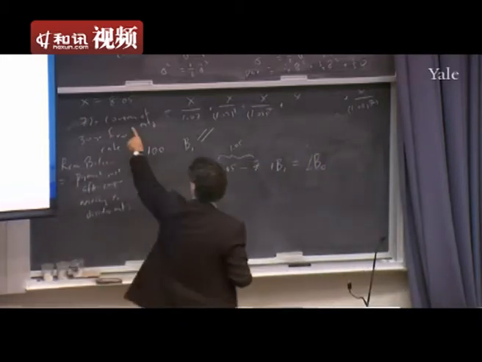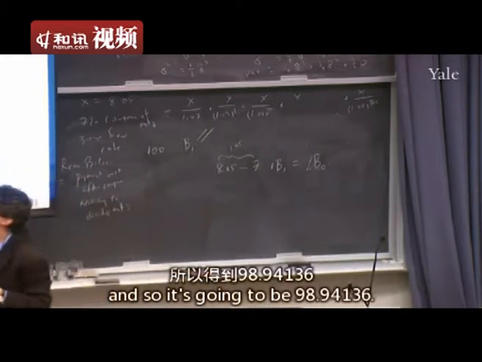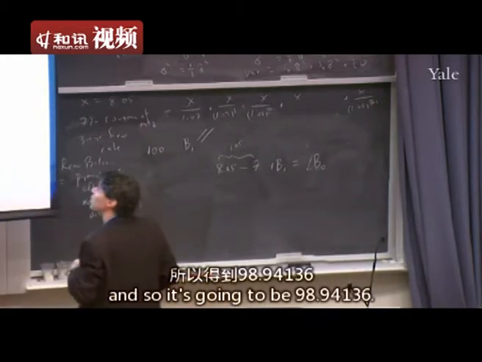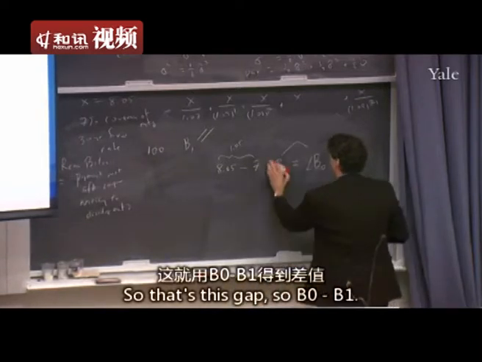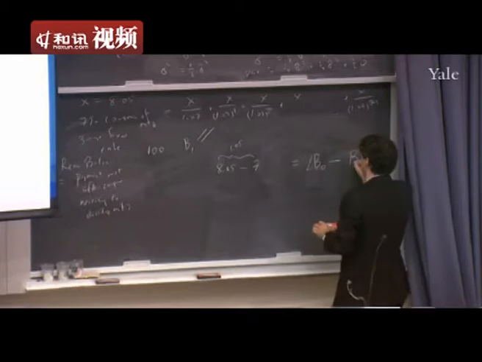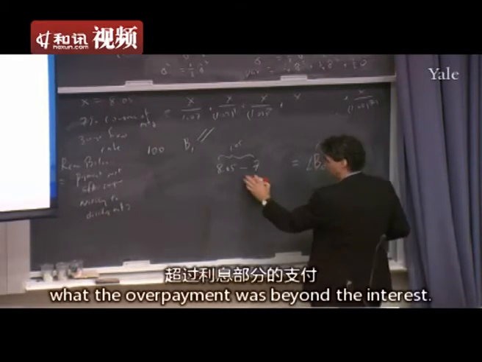You're going to owe now 100 minus 1.05. X is 8.05 with a few decimal places after it, and so it's going to be 98.94136. Okay, so that's this gap. So B0 minus B1, the balance went down by exactly what the overpayment was beyond the interest.